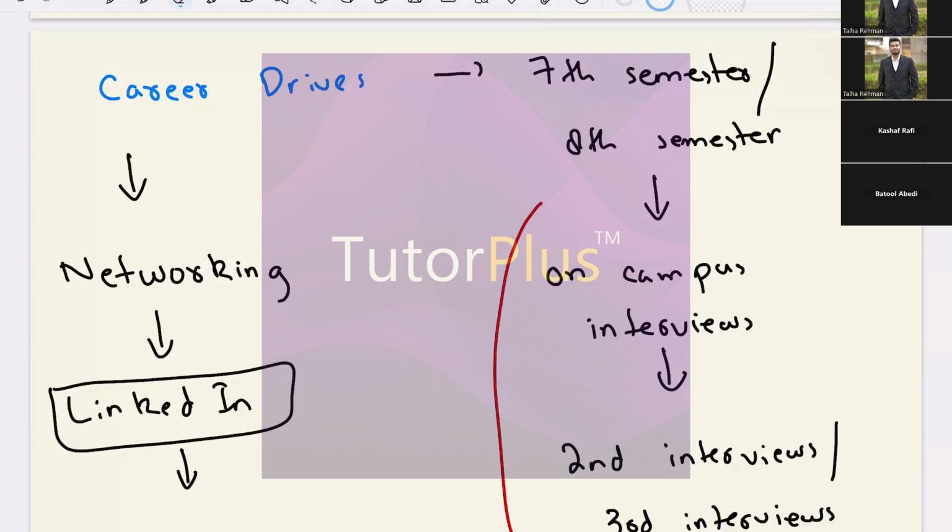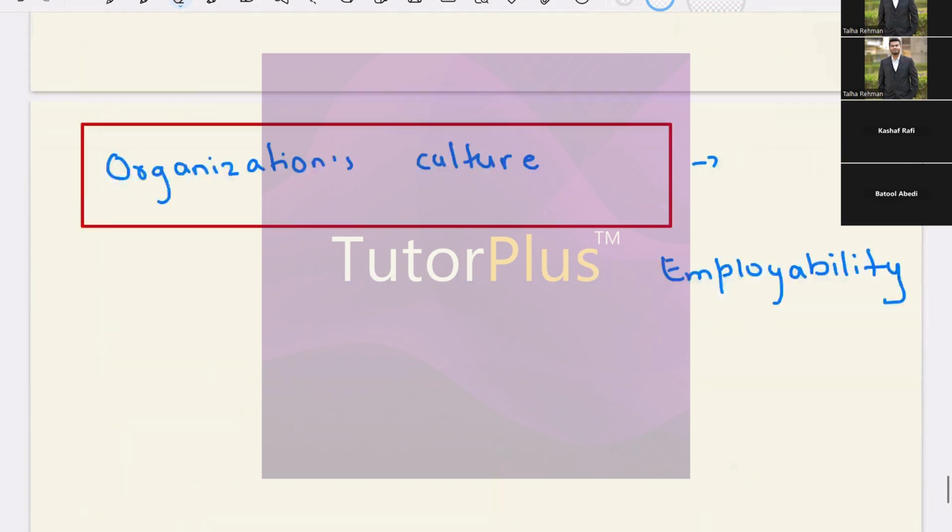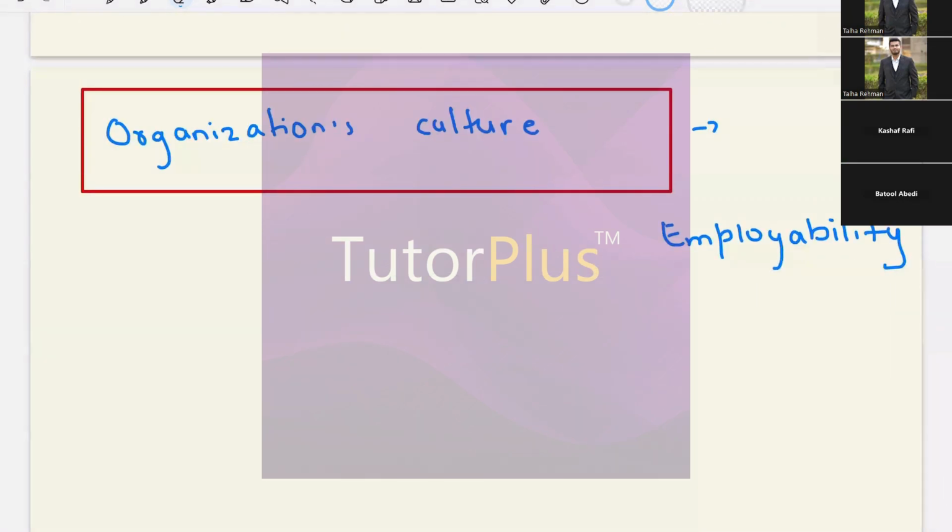So that's something that you guys have to particularly pay attention to, because deep down we all know that it comes down to one word, that is employability. And the problem with the organizations over here is that most of these organizations, be it Unilever, be it Procter and Gamble, be it Reckitt Benckiser, be it some of the other employers which are considered top tier employers in Pakistan, have historically hired from IBA alumni.